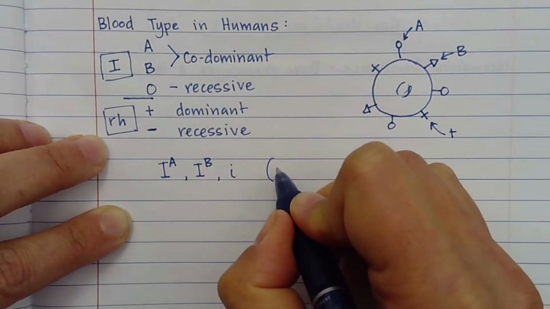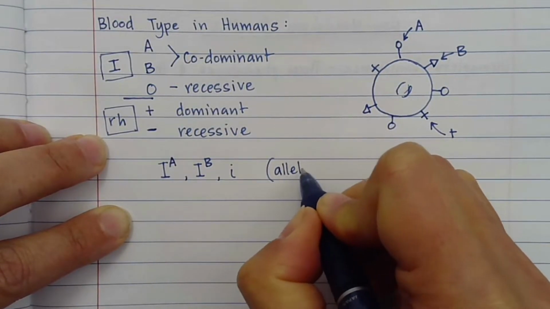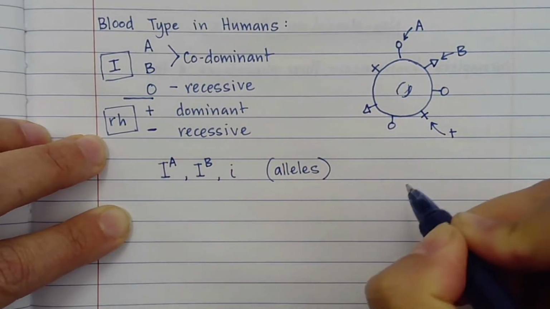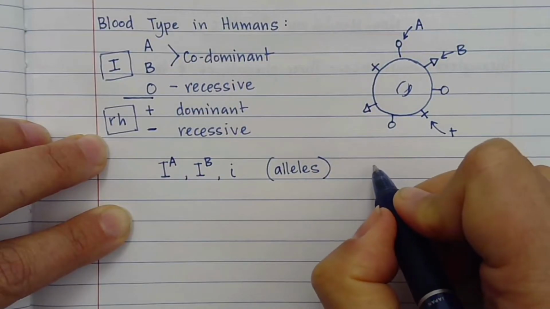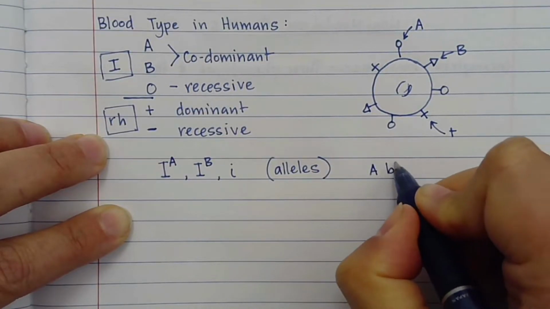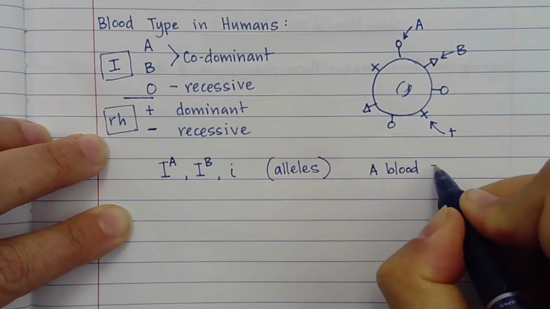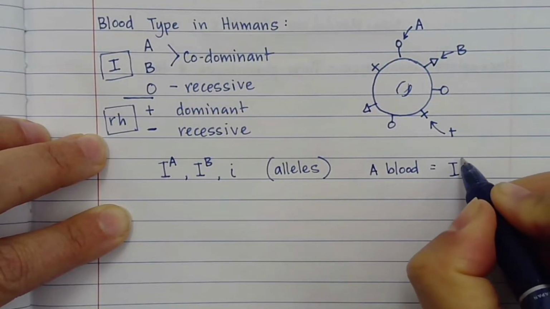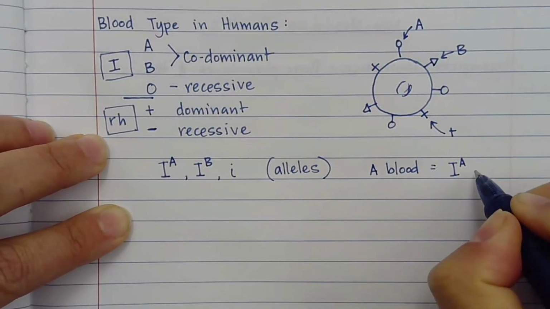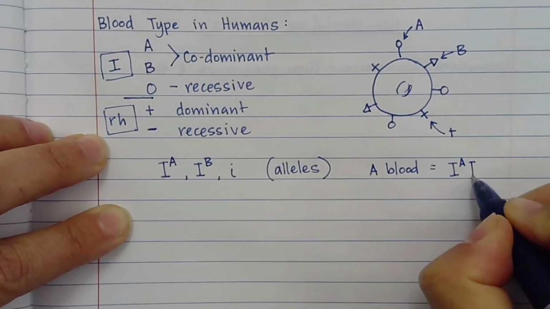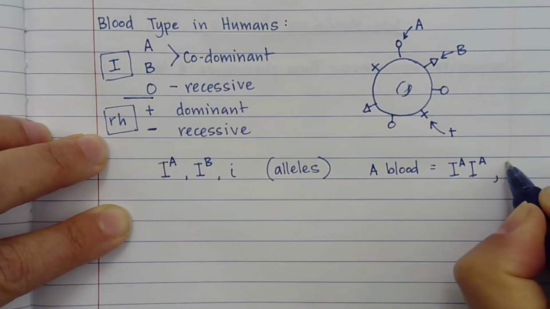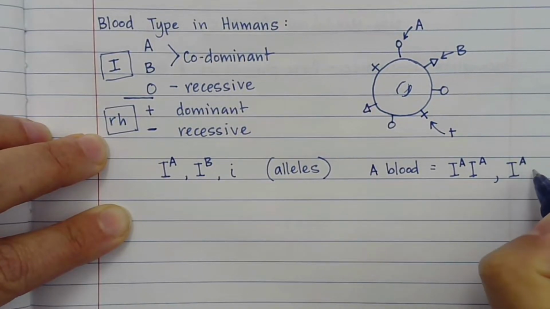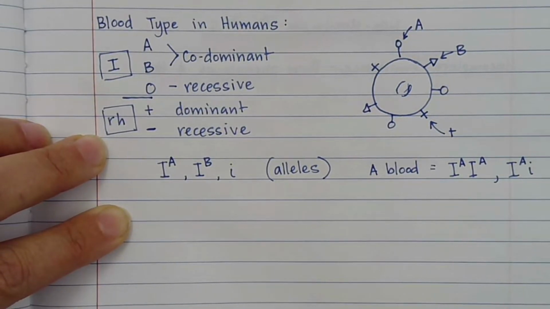So these are my alleles for this I gene. So A blood is always made from either someone that is IA, or IA lowercase i, that's A blood.